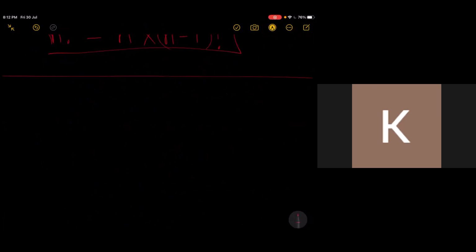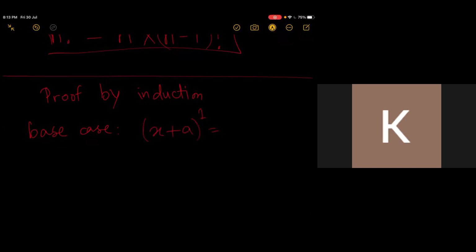Now the proof. Okay. So first, the proof is by induction. Base case is for 1. So (x plus a) to the power 1 equals how much? x plus a.